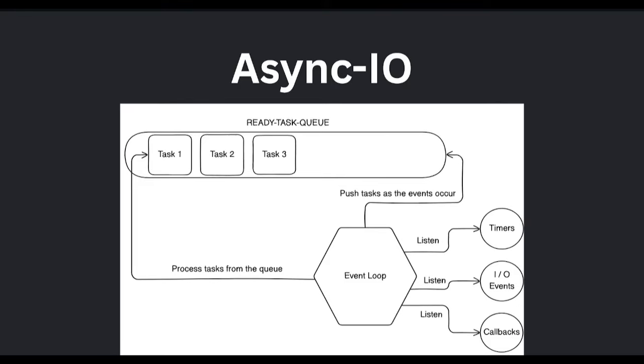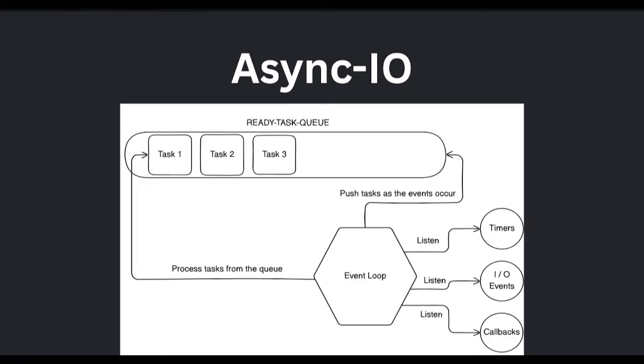There is a ready task queue, as the name suggests. It holds the tasks or the coroutines that are ready to be executed, or they are in ready state. As an event occurs, for example, a task is scheduled to be executed every 5 seconds, the corresponding coroutine gets added to the ready tasks queue.